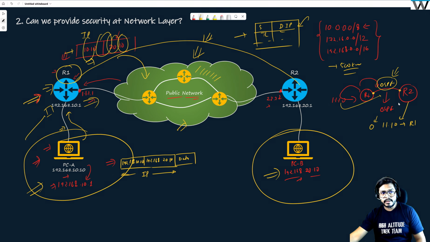And one more thing, guys, right? Suppose you are planning to provide security in this IP header, right? If you change some field of this IP header, then you need to do the same change on all the routers, and the reason is otherwise these routers are not going to understand what these guys understand.